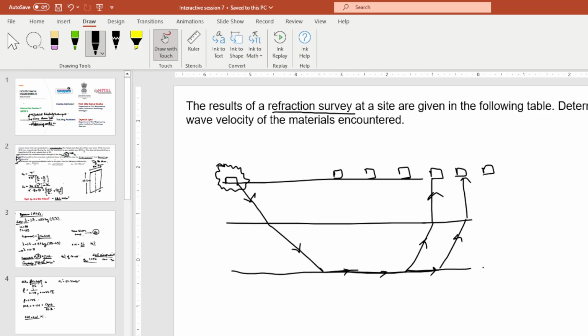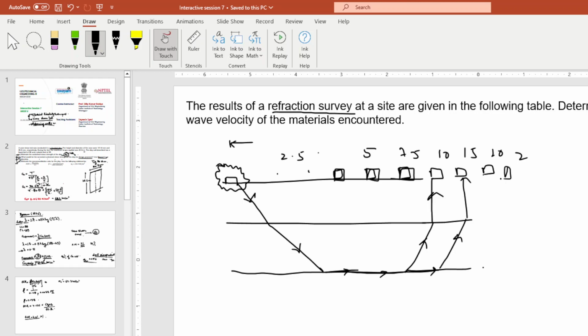So in this table, what you can see is the distance of these receptors. All these receptors that we have, we know the distance from the source of disturbance. This may be from 2.5 meter, we will start at 2.5 meter, then the next receptor we have kept at 5 meter, then 7.5 meter, 10, 15, 20, 25.